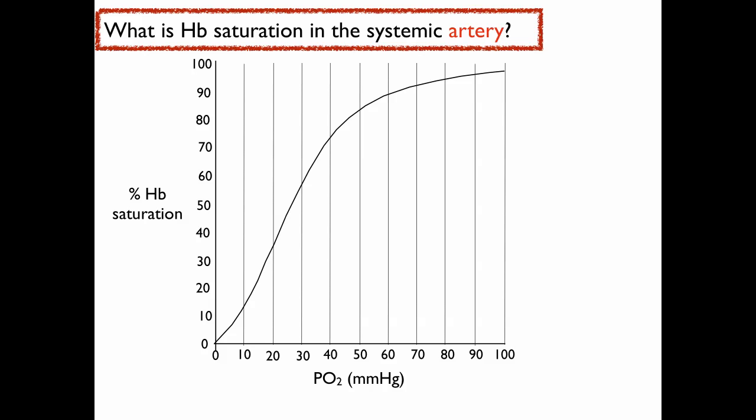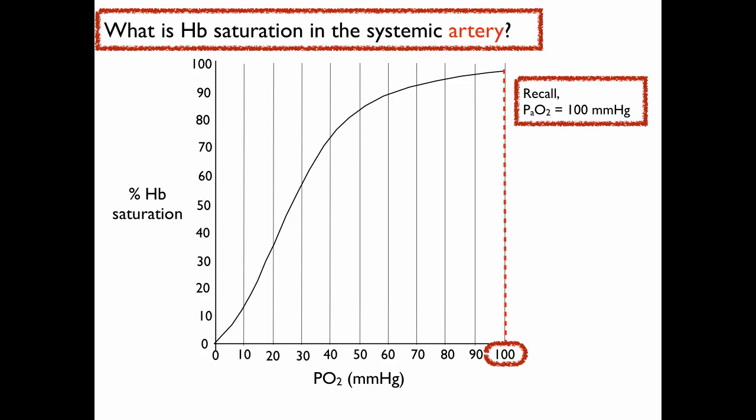So we're going to start off by finding out what the saturation of hemoglobin is in the systemic artery. And if you recall, the partial pressure of oxygen in an artery is about 100 millimeters of mercury. So what we're going to do is find the 100 value on the x-axis, go up, find the point on the curve, and extrapolate across.